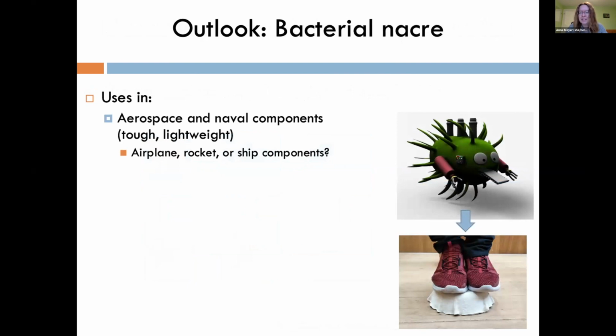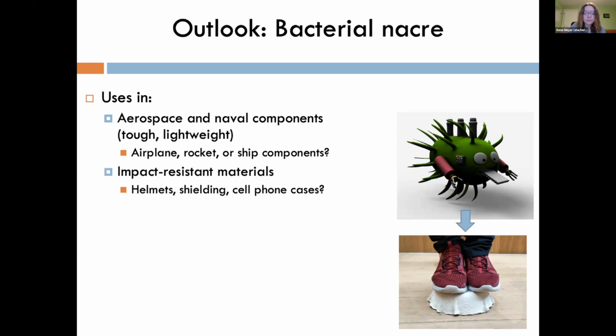So I'm really excited about our different versions of nacre we can make using bacteria. There are a lot of interesting examples of ways this could be useful to human society. As one example, since our materials are not only tough but very lightweight compared to typical structural materials, I think they're really interesting for components of airplanes, ships, or rockets, where you want to minimize fuel costs by having your vehicle be as lightweight as possible.